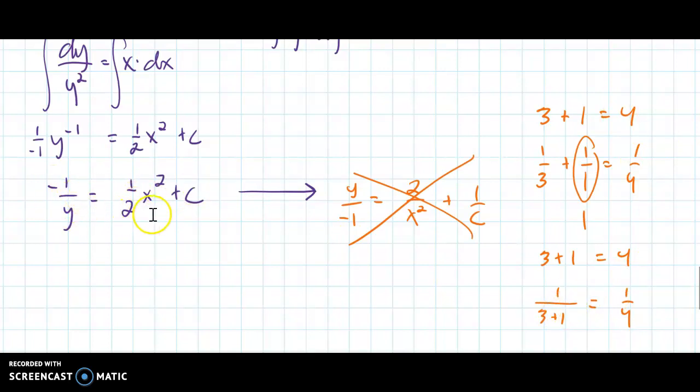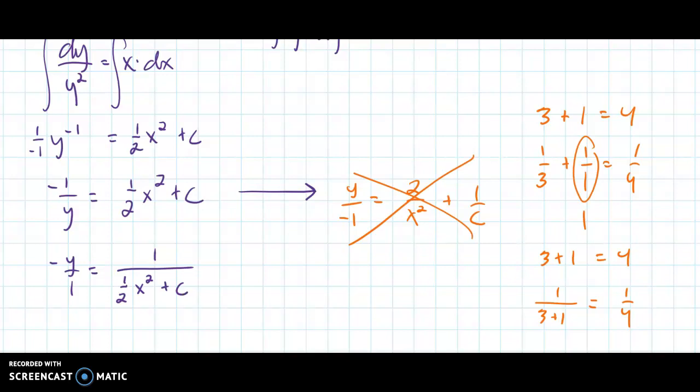So that's actually what I'm going to do here. I'm going to do that flip. I'm going to flip this left side. That's going to give me negative y over 1 equals, and I'm going to do 1 over the entirety of the right side. So if I do that, I get 1/2 x squared plus a constant.